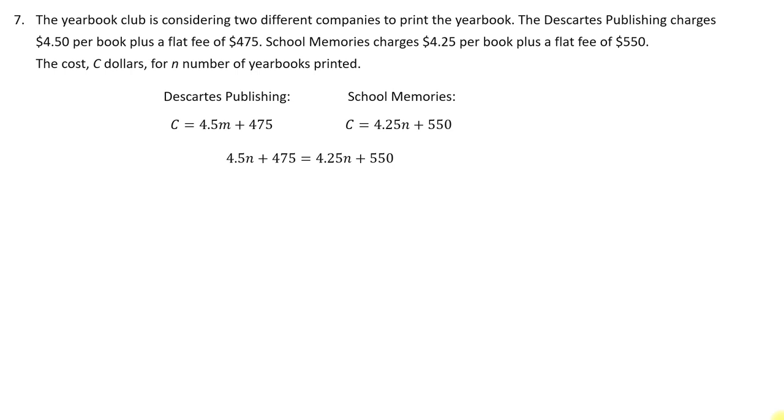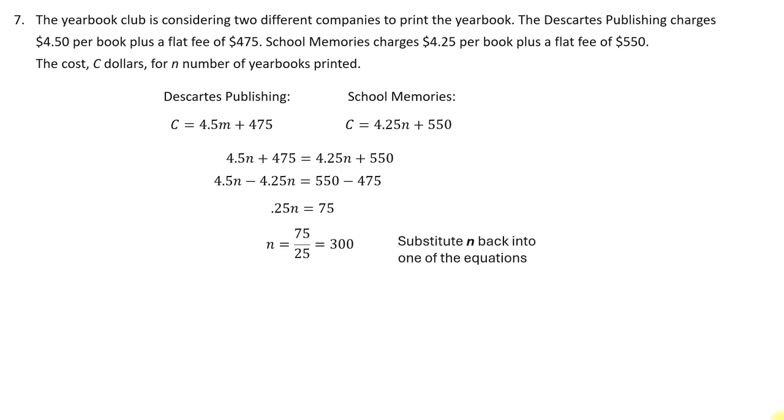So we'll say 4.5n plus 475 equals 4.25n plus 550. We'll gather all our variables on the left-hand side and our numbers on the right, and we end up with a value of 300 for n.